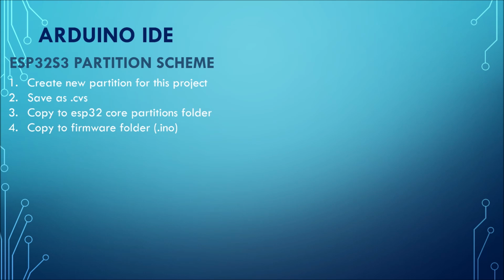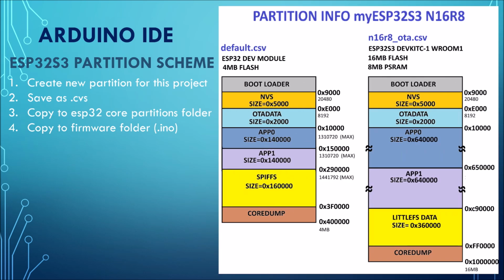We save it as a .csv file, we copy it to the ESP32 core partitions folder, and we copy it into the existing project folder for this project. Here we have the default CSV board definition partition information. That's what we have, but we want one that looks like this, and I'm going to call it N16R8_OTA.csv.